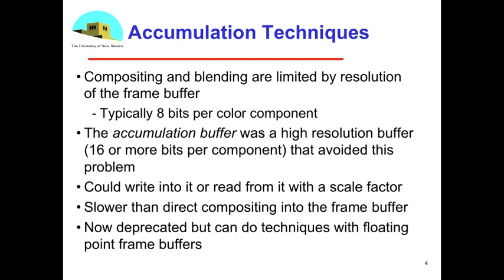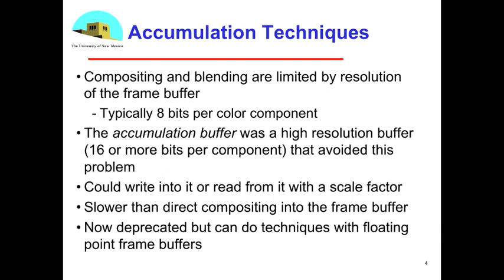Now, what happened earlier, fairly late in the fixed function pipeline development, and has since been deprecated, but it gives you the idea of what we're trying to do, is that they had something called the accumulation buffer, which was a higher resolution buffer, generally 16 bits and potentially 32 bits. It avoided that round off problem because you could operate on a texture or some other discrete entity and then put the results inside the accumulation buffer, which had more resolution, so bits didn't keep dropping off the end and being lost.